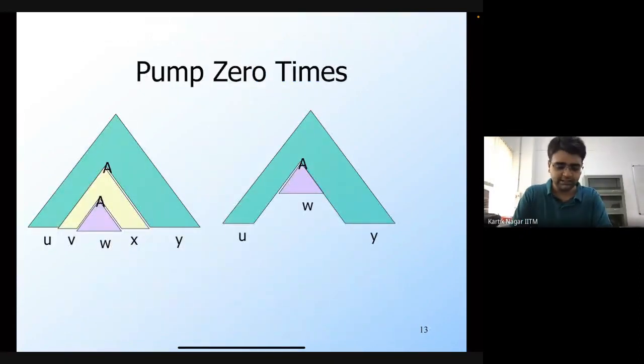Now what I can do is substitute the lower A for the higher A. I know that A is derived from S, and from A I derived the string VWX, but instead I can move this particular derivation here. That's exactly what I'm doing in this diagram: I have substituted the lower A for the higher A.